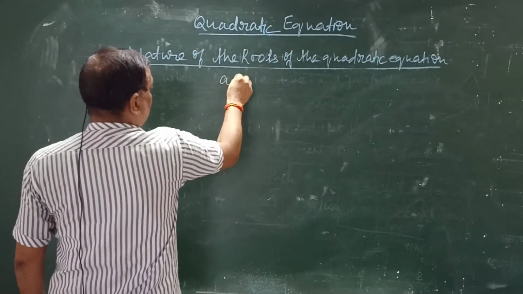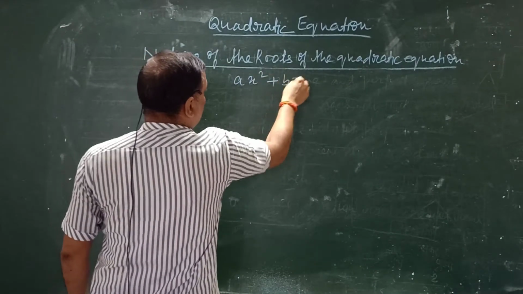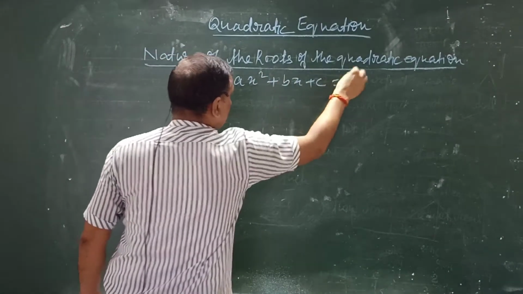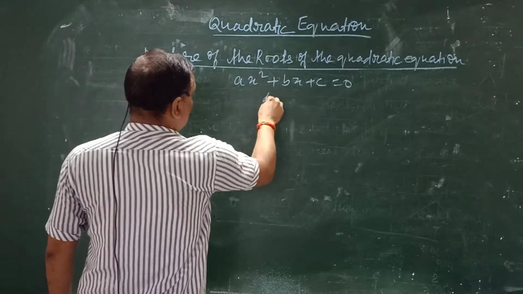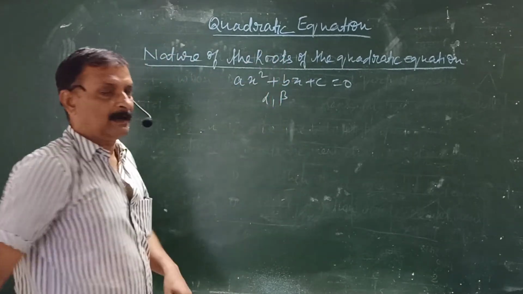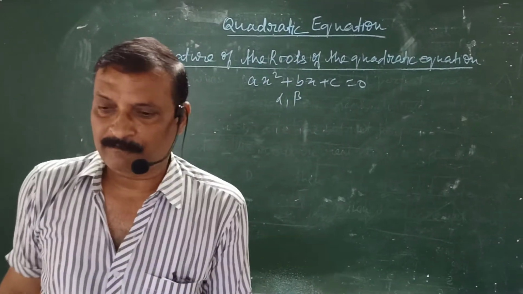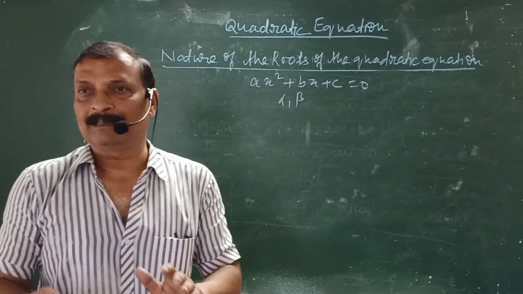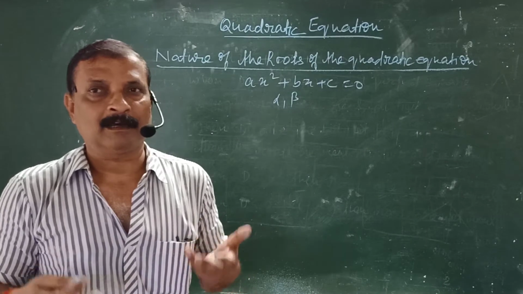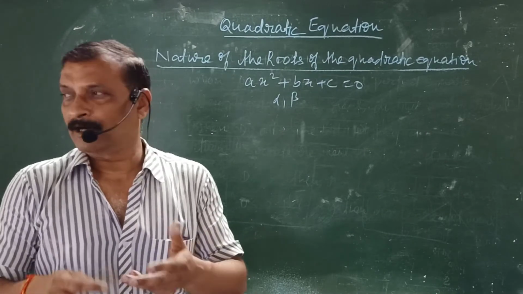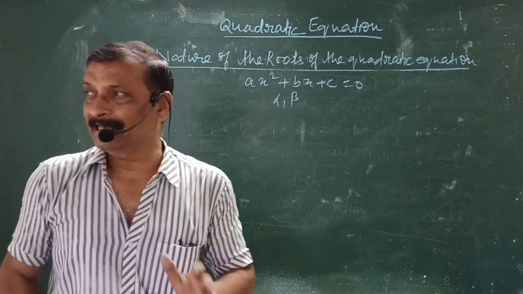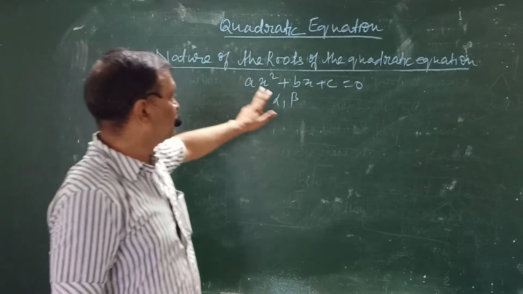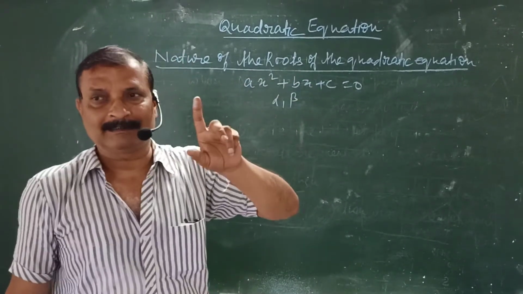If the quadratic equation is ax square plus bx plus c is equal to 0, and the two roots of the quadratic equation are alpha and beta, then we find the formula for the sum of the roots without solving the quadratic equation. क्वाड्रेटिक इक्वेशन को बिना सॉल्व किए हुए हम इन दोनों का सम और प्रोडक्ट कैसे निकालेंगे.